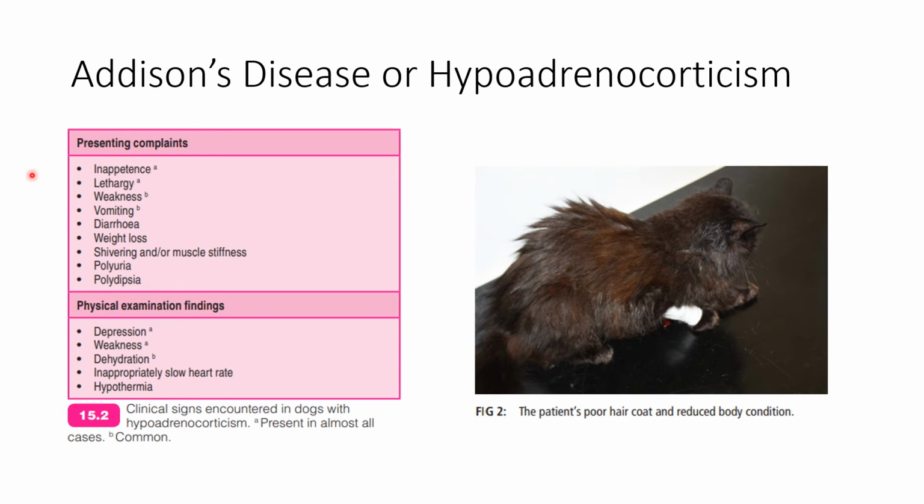What you see usually in hypoadrenocorticism in dogs is that they are inappetent, lethargic, weak, they may be vomiting, there is diarrhea, weight loss, shivering, again PUPD, polyuria polydipsia, and there's depression, weakness, dehydration, inappropriately slow heart rate, and hypothermia. They are primarily sluggish, and much like other endocrine problems, there's also a problem with regards to their coat and their body condition.